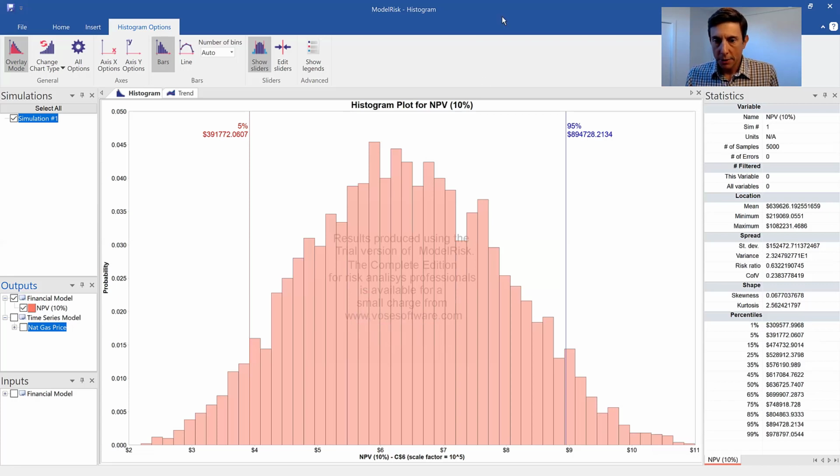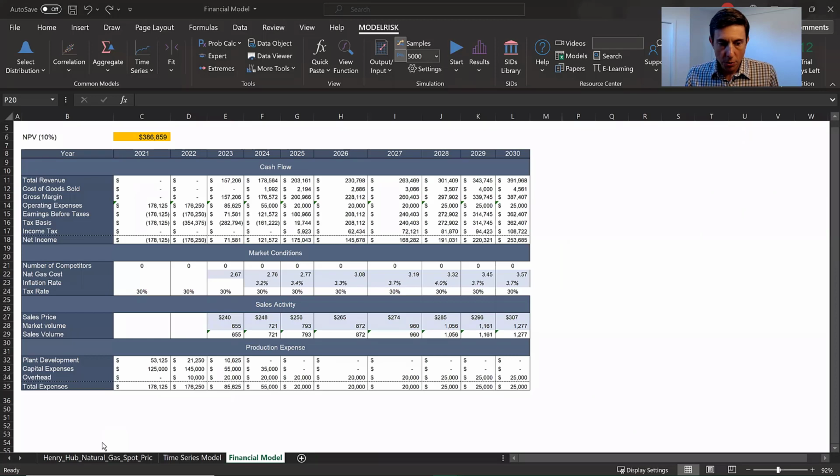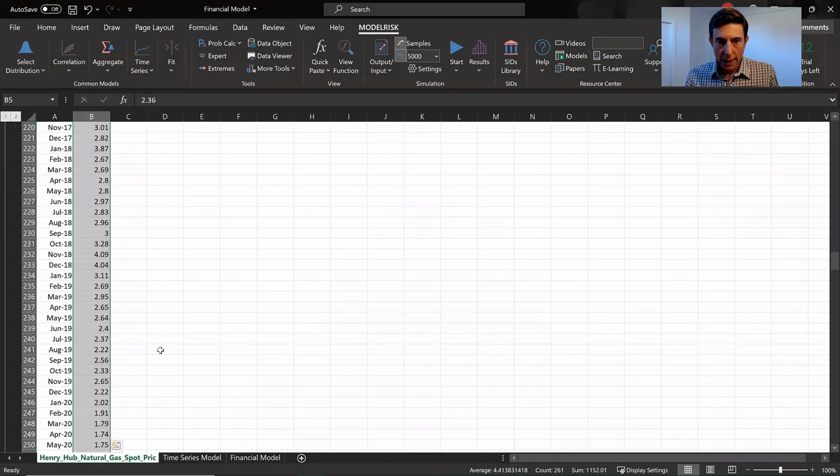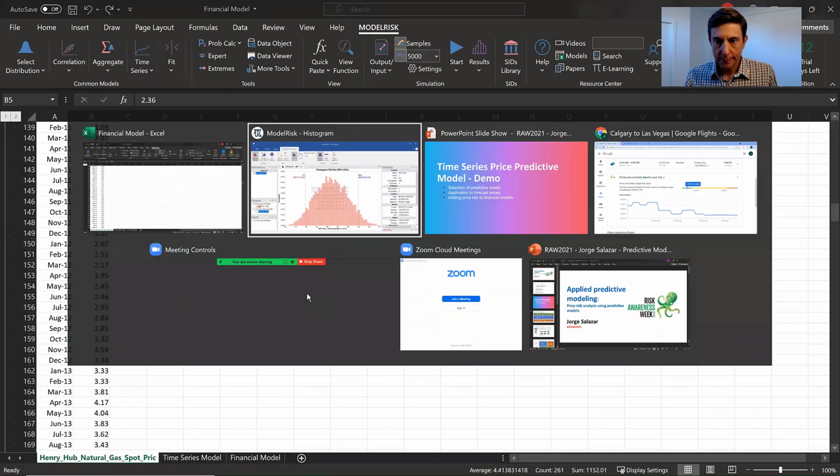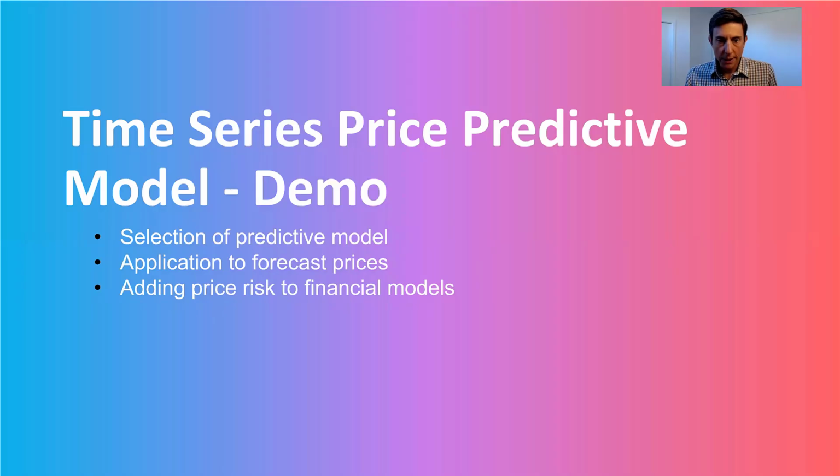So we just talked about how to model a time series using model risk, which is what I'm using right now. And the other thing we needed to discuss is the selection of the models. I just wanted to show you what a time series analyst has to do, and how we can leverage machine learning to take over that.